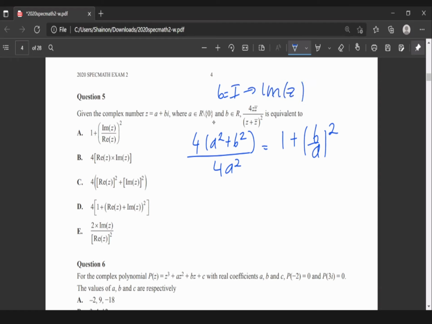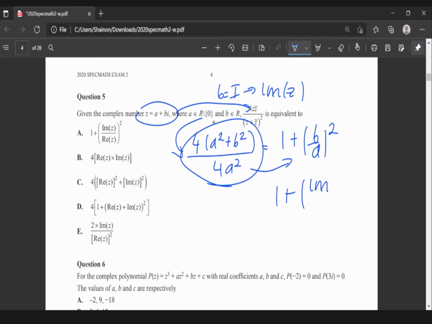I just use the CAS to find this. I just subbed in z is equal to a plus bi into here, and it gave me this. So then if you simplify it should equal to this, and then that's going to be 1 plus Im z over Re z, squared, which is a.